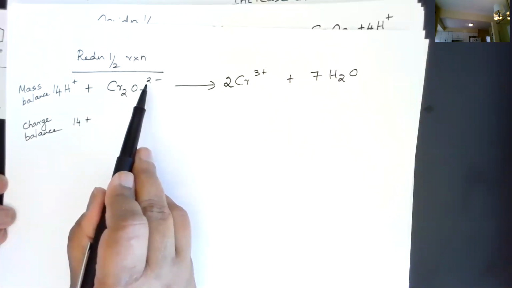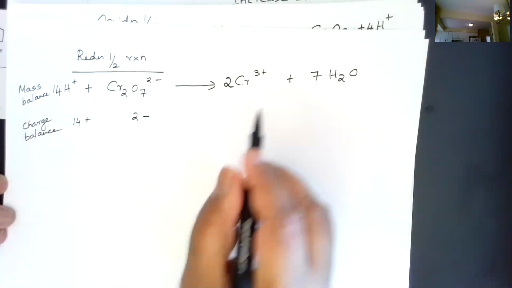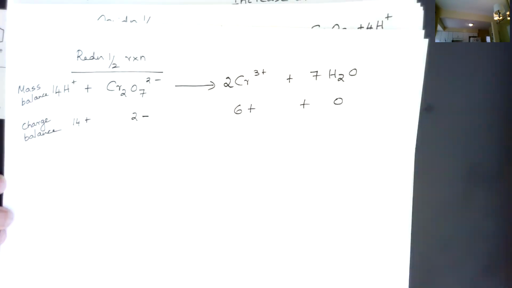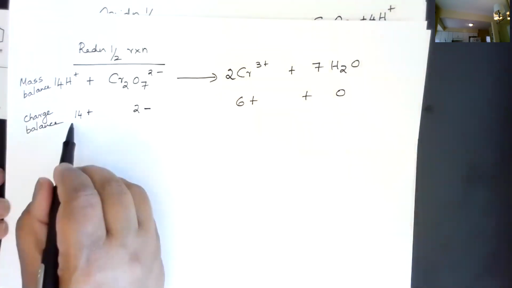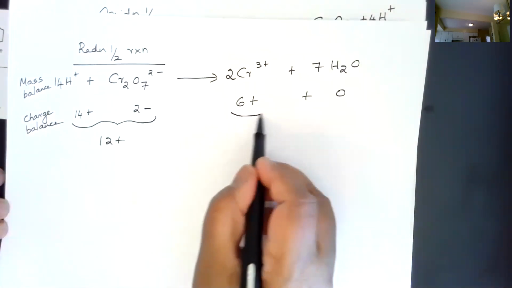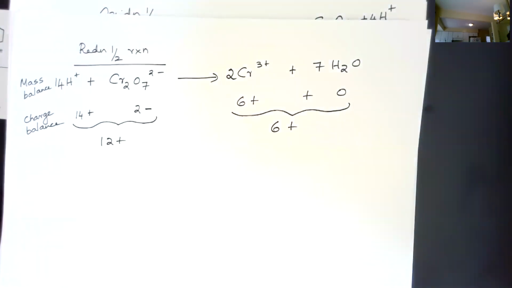Okay. There's 2 here, 2 negative, 6 positive, and 0. 12 positive and 6 positive. So how will I balance the electrons?